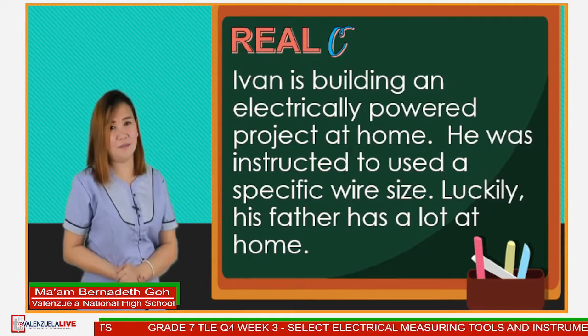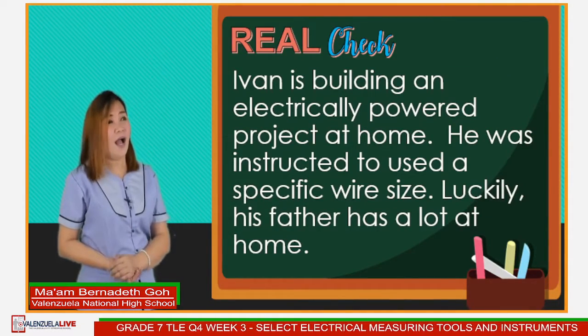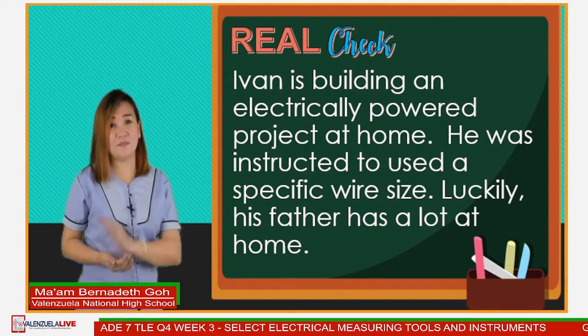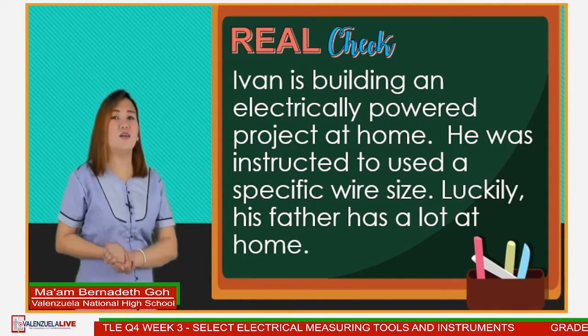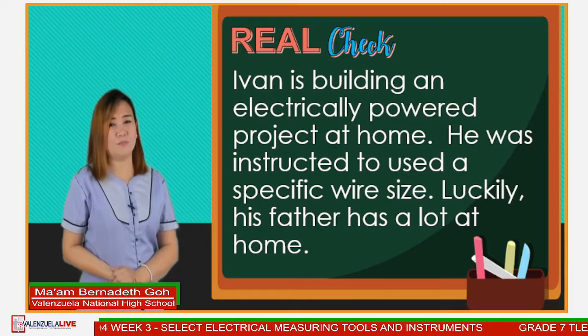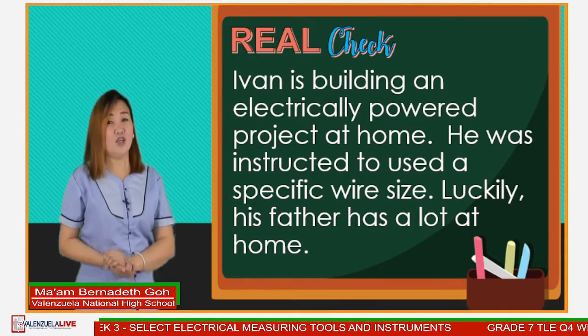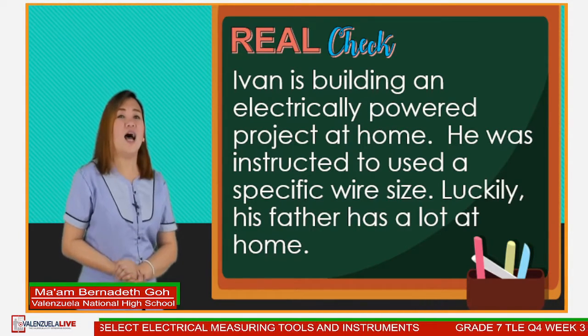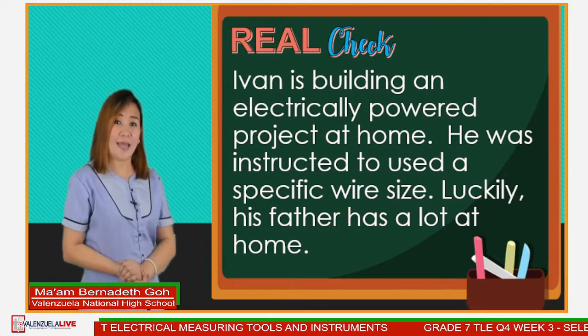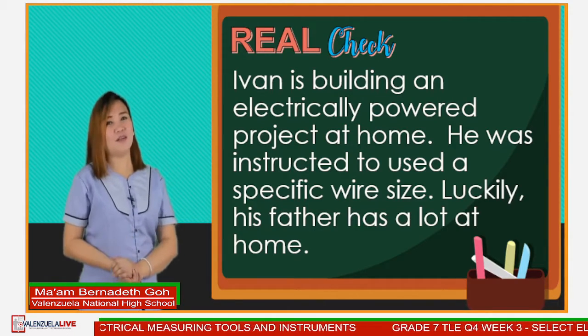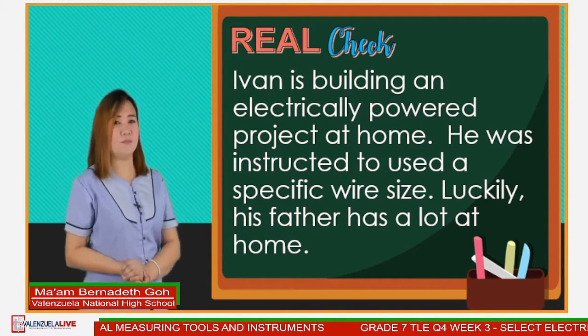How about with this situation? How will you decide? Ivan is building an electrical powered project at home. He was instructed to use a specific wire size. Luckily, his father has a wire gauge at home.